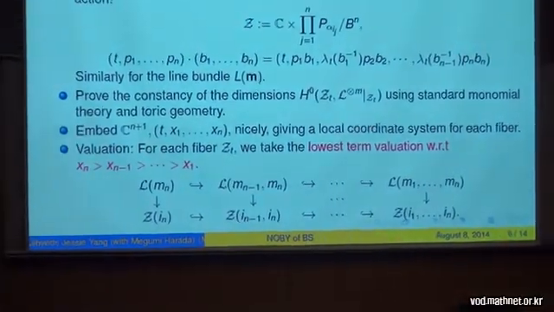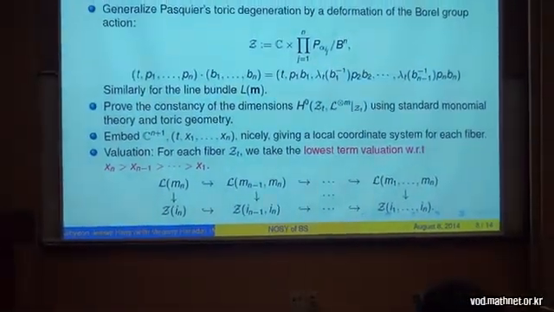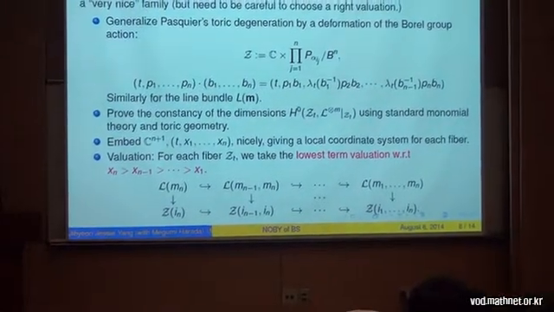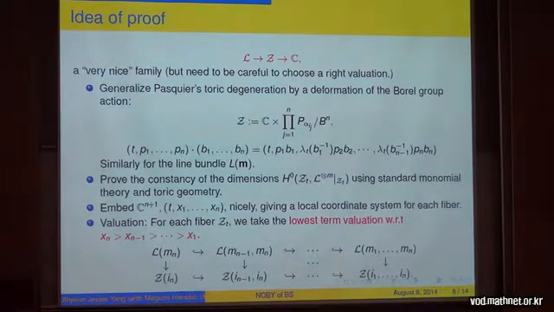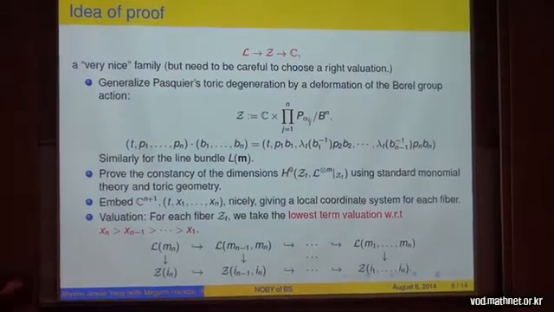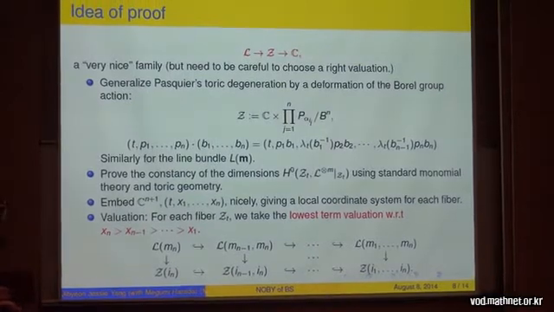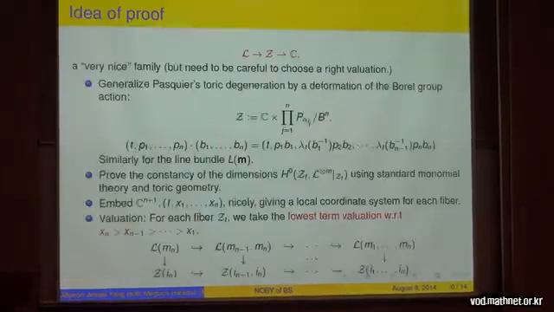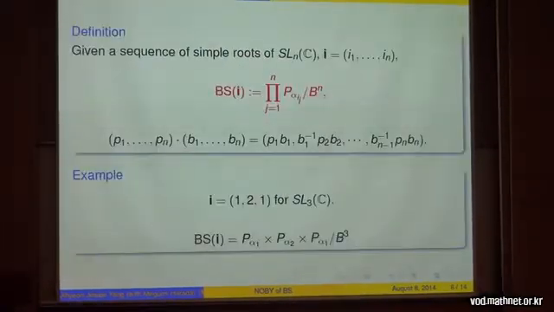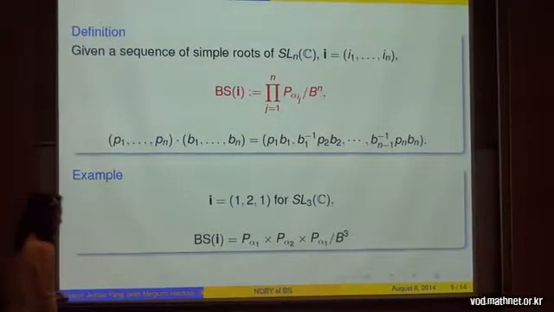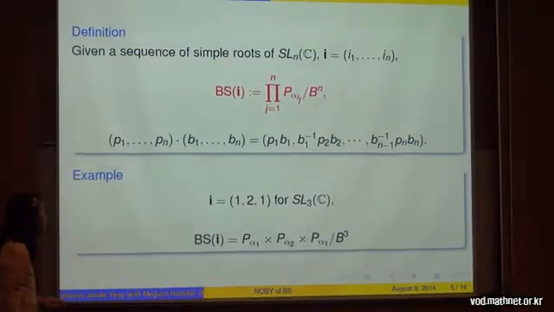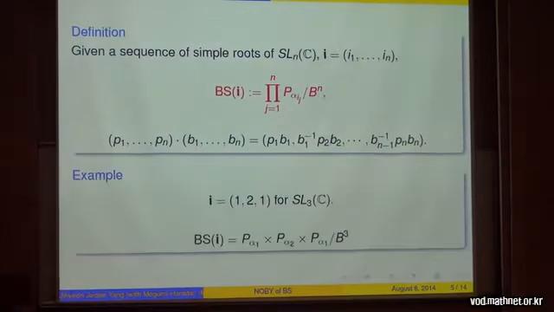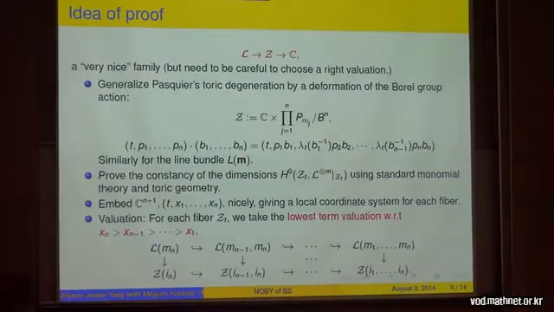So what is that? Pasquier constructed a toric degeneration based on Grossberg and Karshon's symplectic setting. It is done by a deformation of the Borel subgroup action. So let's go back to the definition of the Bott-Samelson variety. Here the Borel groups act on each P2 and Pn in the standard way. But now we replace this action by a certain twisting.